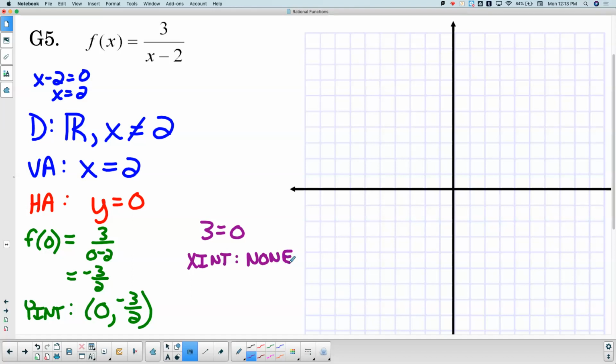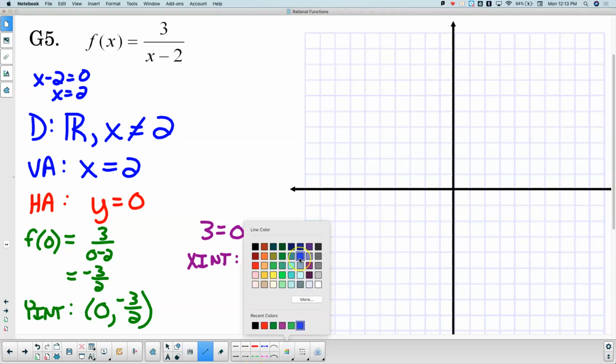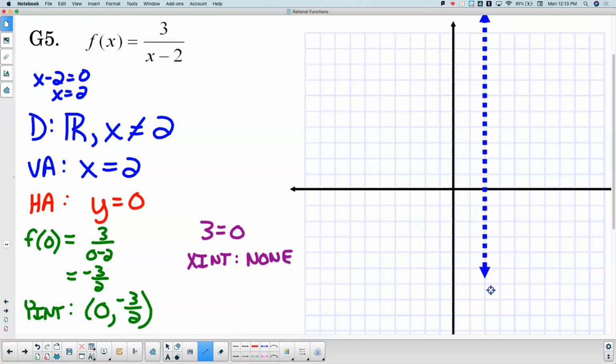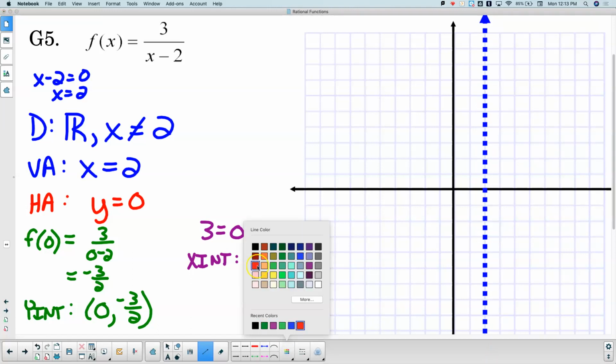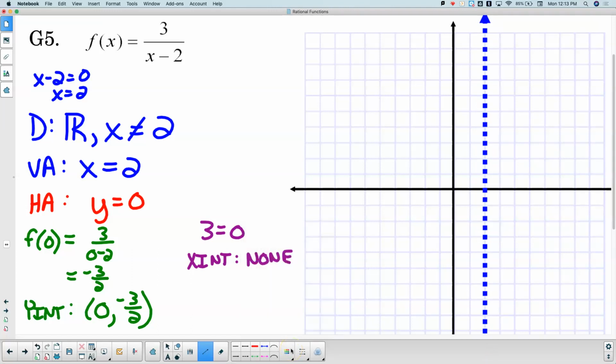Okay. X equals 2 is there. I was going to show you a different way.